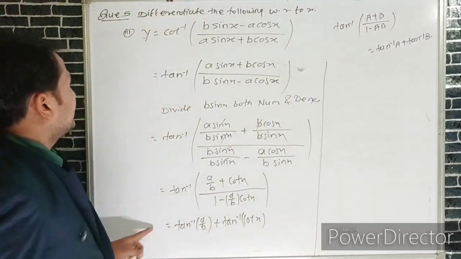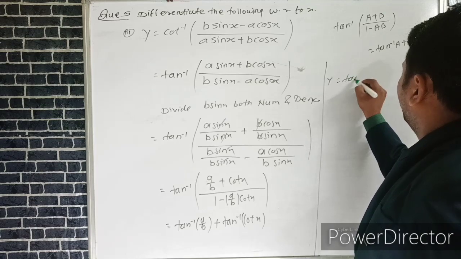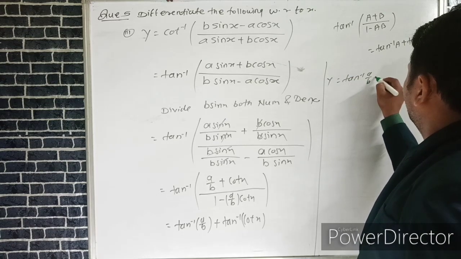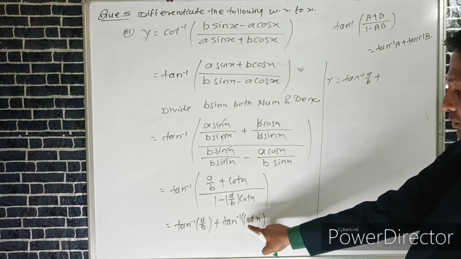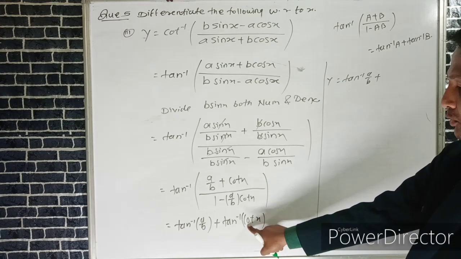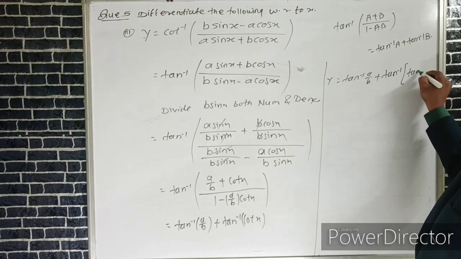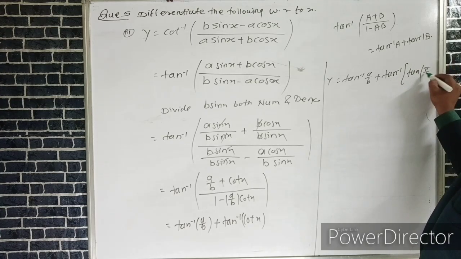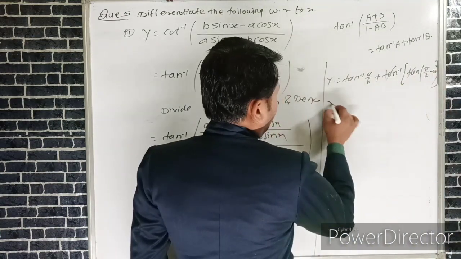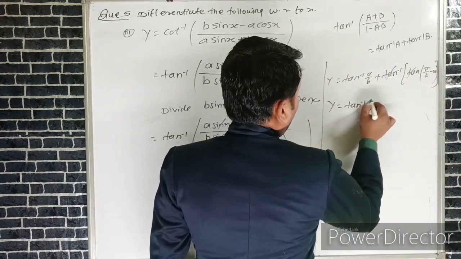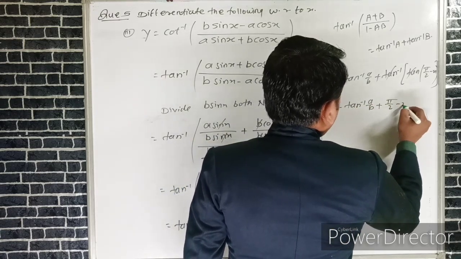Again we can write y is equal to tan inverse of a upon b as it is, plus, if we convert this part into tan, tan inverse of tan of (pi by 2 minus x). Here tan inverse tan cancels, so y is equal to tan inverse of a upon b plus pi by 2 minus x.